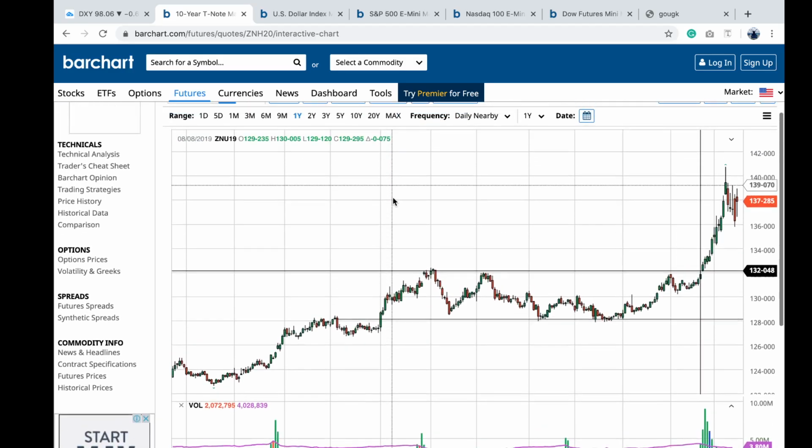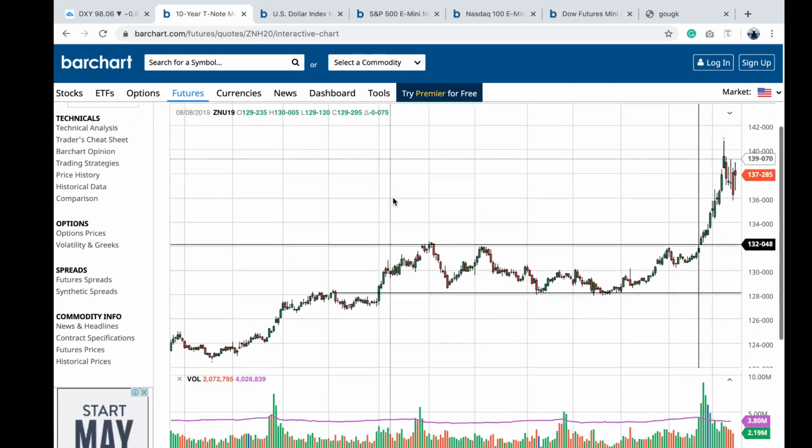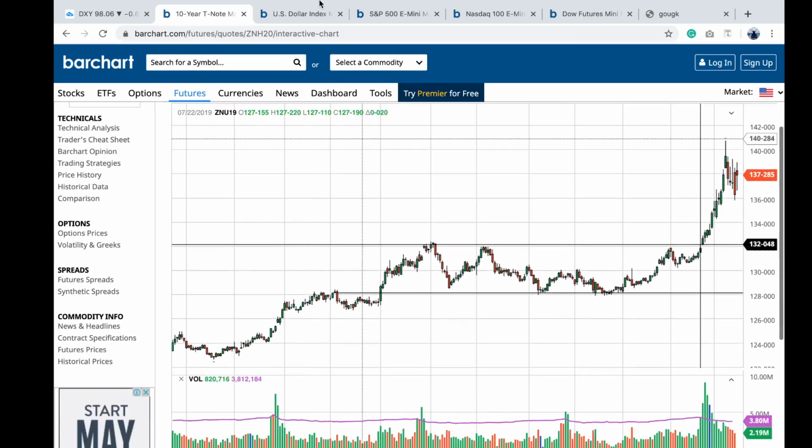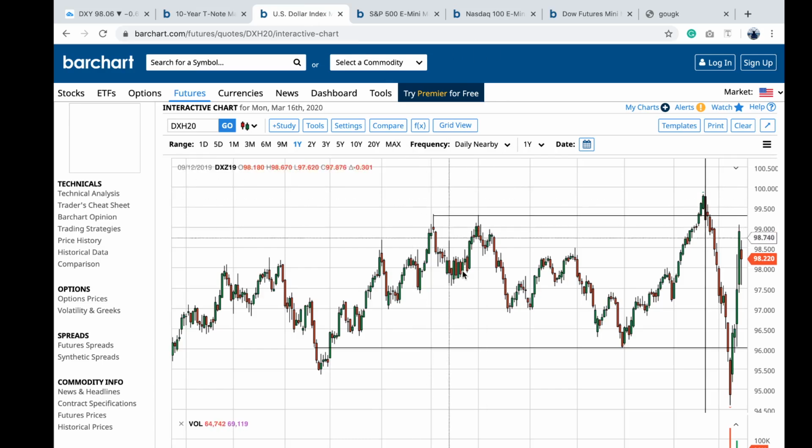All right, so what you're seeing here is a chart of the 10-year Treasury note. The next tab on my Google Chrome is a futures contract of the DXY US dollar.